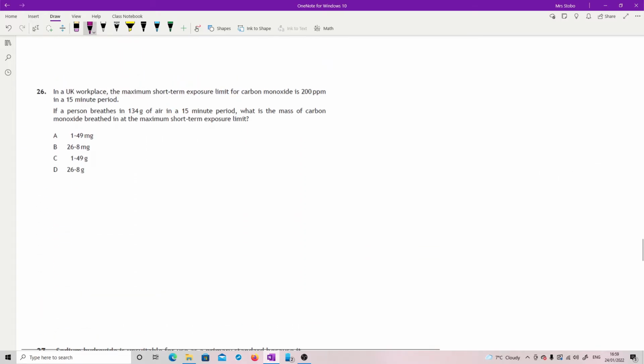Right, in a UK workplace, the maximum short-term exposure for carbon monoxide is 200 parts per million in a 15-minute period. If a person breathes in 134 grams of air in a 15-minute period, what is the mass of carbon monoxide breathed in at the maximum short-term exposure limit? Okay, what you have to remember is that parts per million is 1 mg per kilogram.